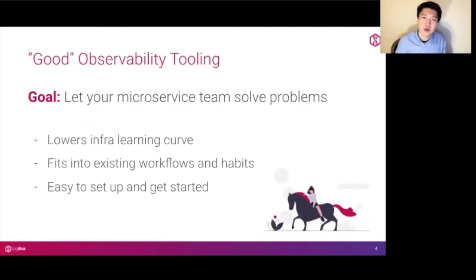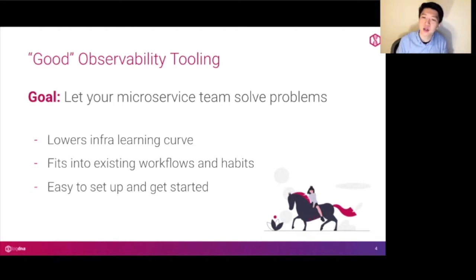So what makes good observability tooling? When we had a lot of internal conversations around observability tooling, or talked to our customers and their engineering leaders, we typically aren't talking about dealing with high cardinality data or artificial intelligence. They're really worried about making sure their observability tooling enables their microservice teams to be able to solve their application problems at the end of the day.